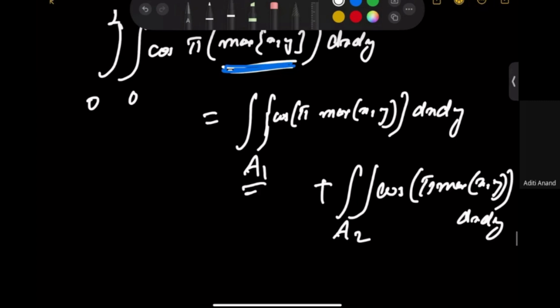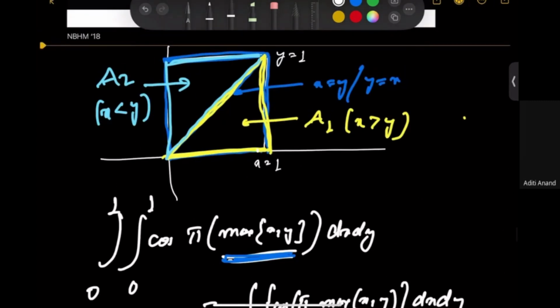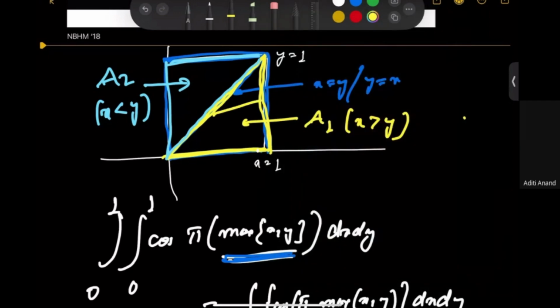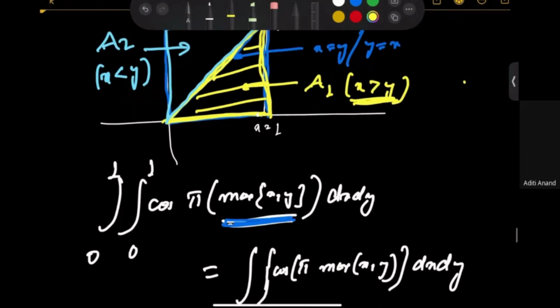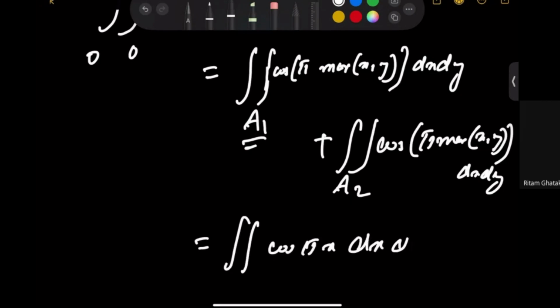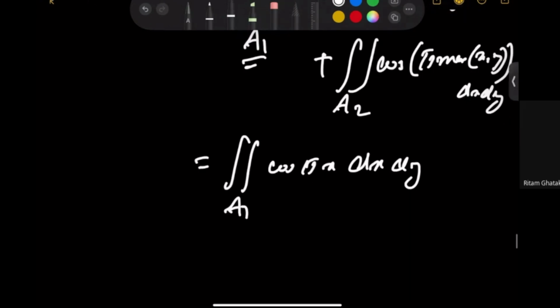And in this region A1, x is greater than y, so max of x and y will be x, right? Yes, sir. So in A1, it is cos of pi x dx dy over A1, the limits you take care of.